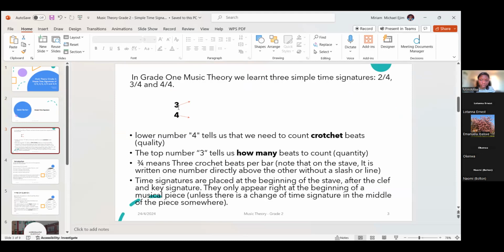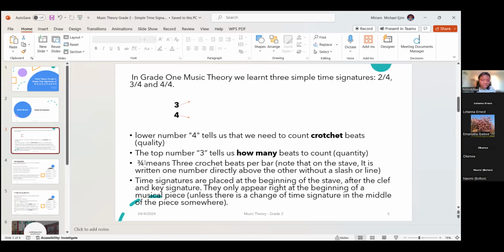So that's crotchet in a particular bar. And then the top number 3 tells us how many of those crotchet beats we would count in a particular bar. So that means 3-4 means 3 crotchet beats per bar. So whatever way it is represented, it will always sum up to 3 crotchet beats in one bar.